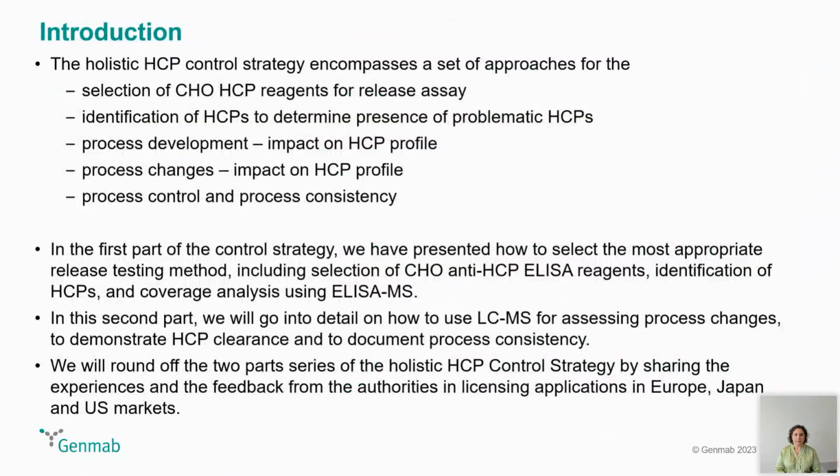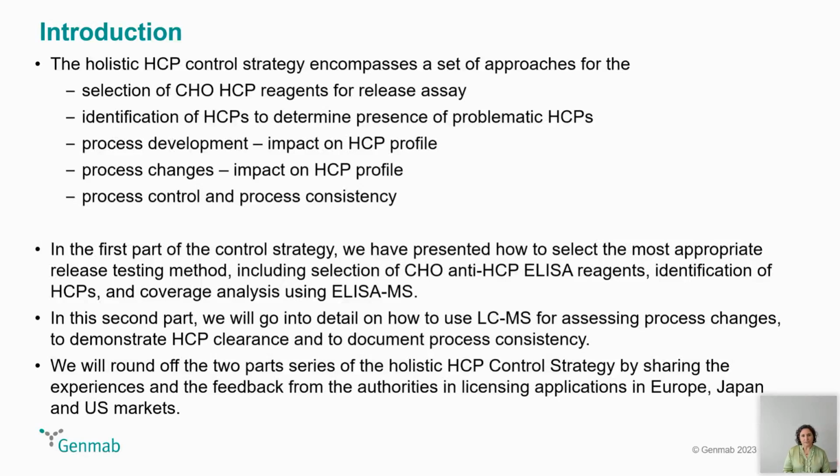So at Genmab, we have established a holistic HCP control strategy that encompasses a set of approaches for the selection of CHO HCP reagents, since we are working with CHO host cells for production of our monoclonal antibodies.